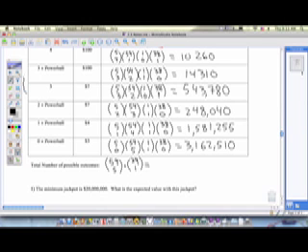Your total number of possibilities is what? Okay, 195. Okay, so there's over 195 million possible tickets out there.